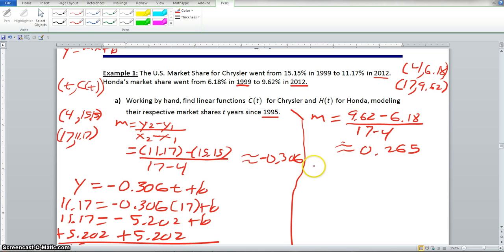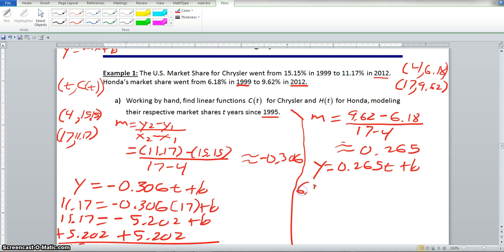Okay, so now we want to do the same thing we did over here. So we will have y is equal to 0.265 t plus b. Now, we can use one of these points. Let's use the top point here.